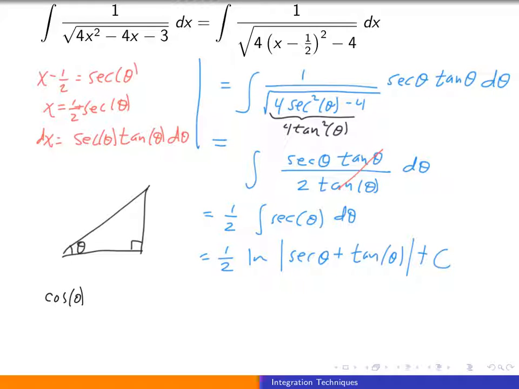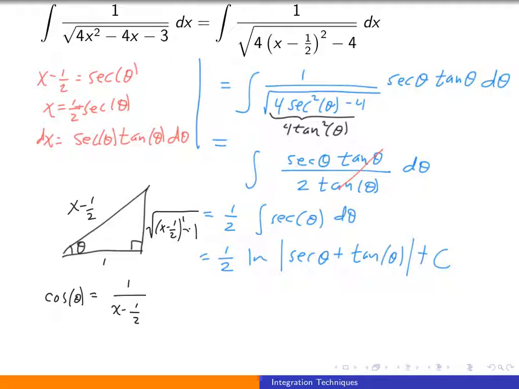So cosine is 1 over secant, so cosine of theta is 1 over x minus 1/2. And if we use the Pythagorean theorem to label this remaining side, that will be the square root of x minus 1/2 quantity squared minus 1.